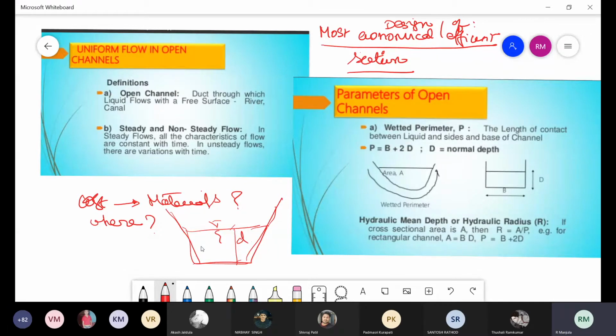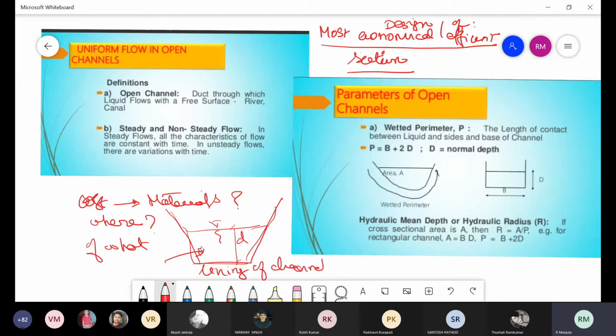Where are these materials used actually? For making the channel, which part are you going to make? That is called lining. Am I right?